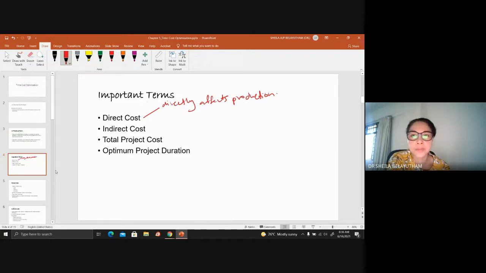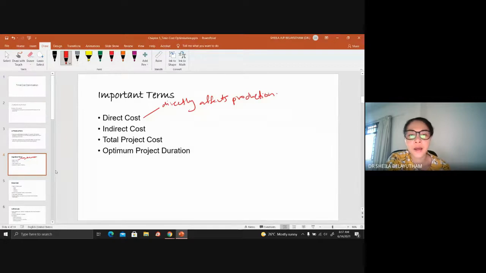So your productivity at site: how much can you complete in a day? Your direct cost is very much related to the human resource, the workers. If you reduce the workers, you reduce the human resource directly building up the project.